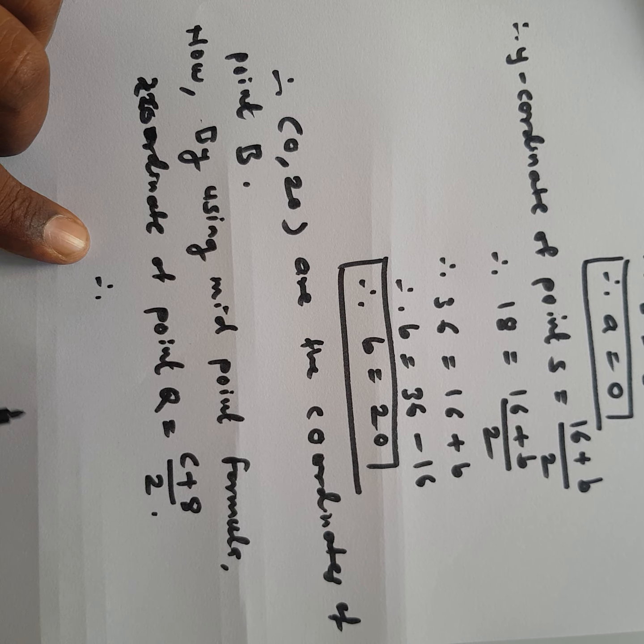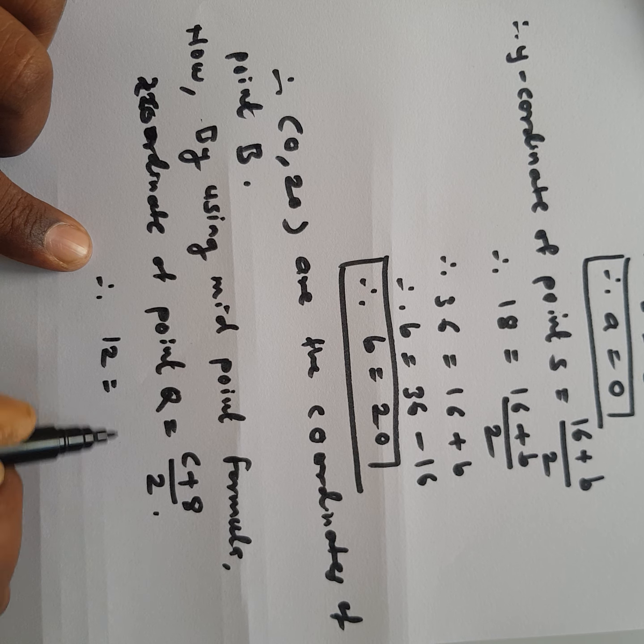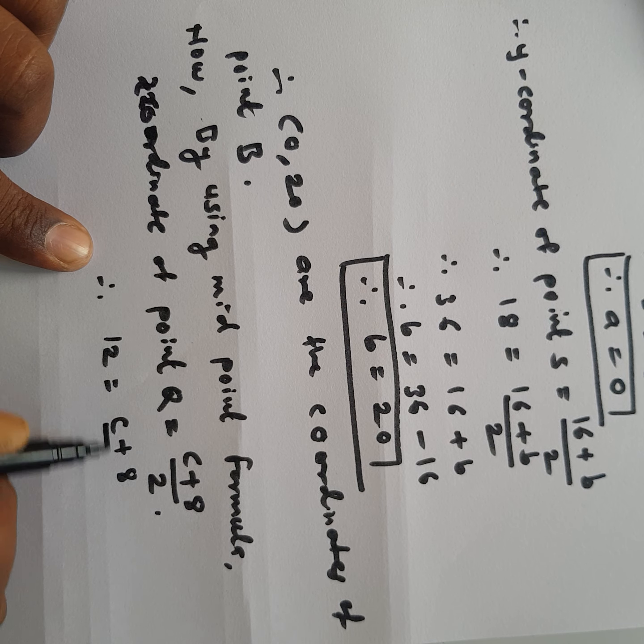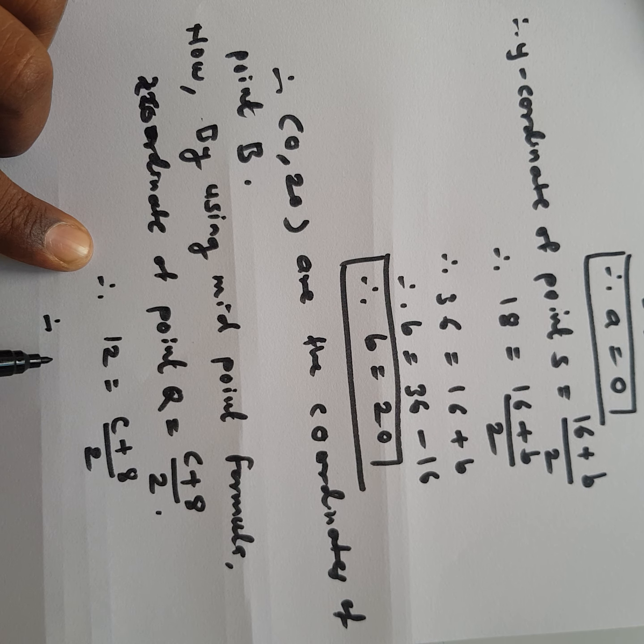The x coordinate of point Q is 12. So 12 is equal to C plus 8 upon 2.